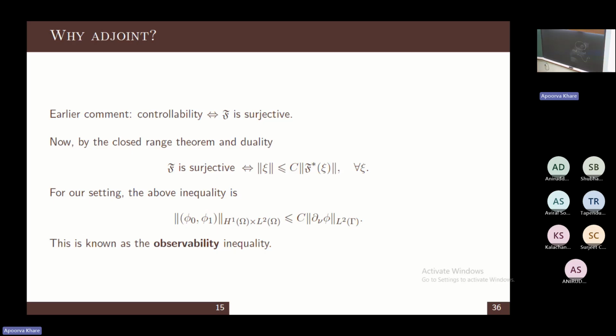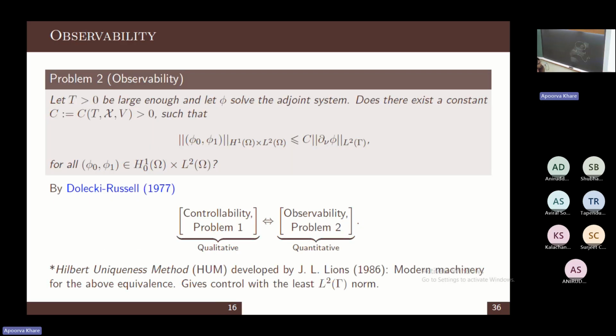And this inequality is what is known as the observability inequality, and so corresponding to this, we have this notion of observability as well. So the observability problem is whether you can show an inequality of this type for all phi naught, phi 1 in the corresponding adjoint space.